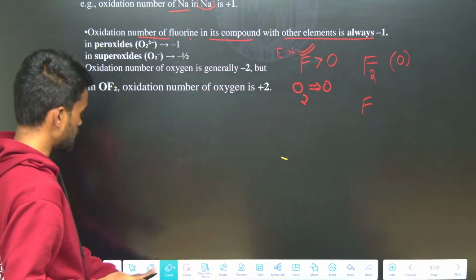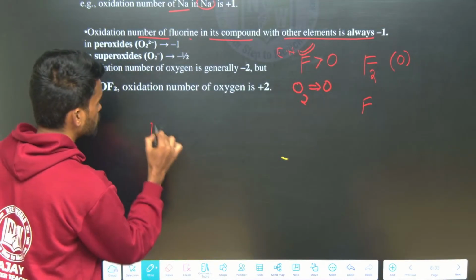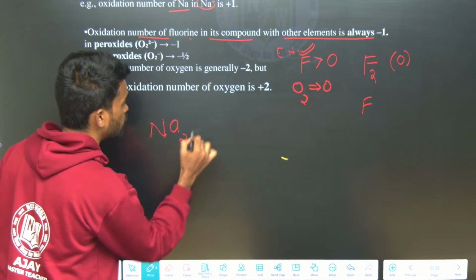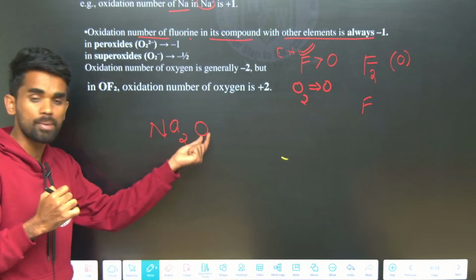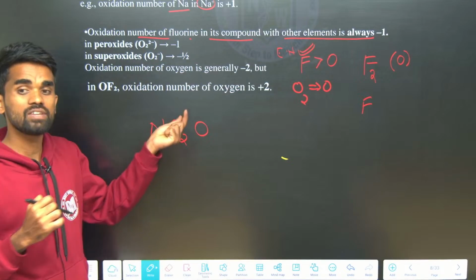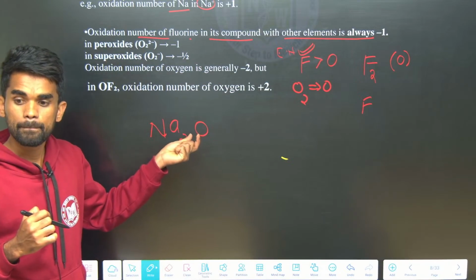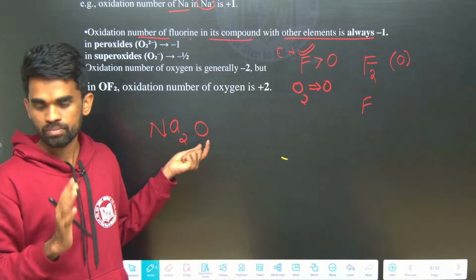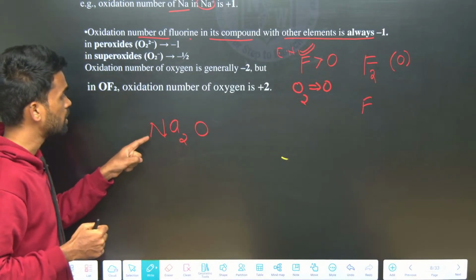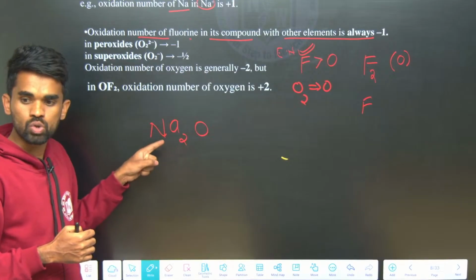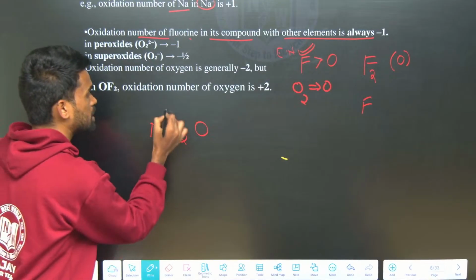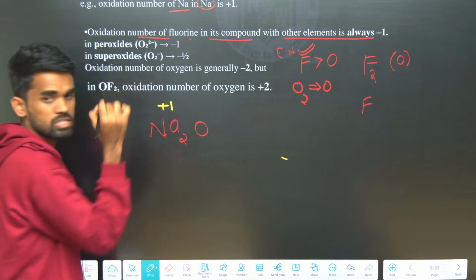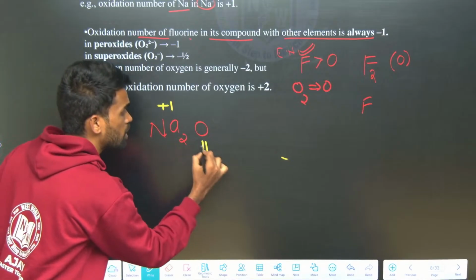So next, when oxygen is combined with any other element, oxygen will always have a negative oxidation state except with fluorine. Now look at oxygen combined with sodium. We know alkali metals always have +1 oxidation state. Now I want to find it for oxygen.